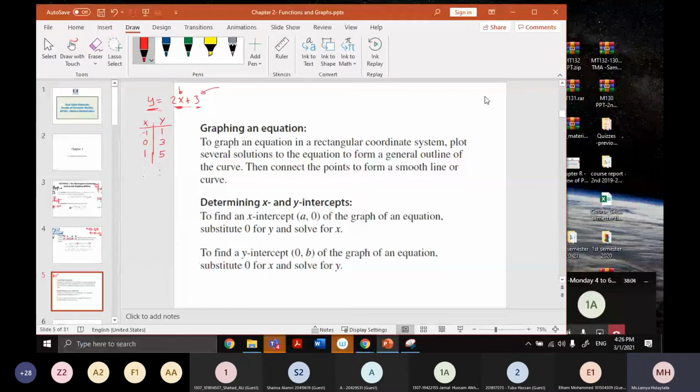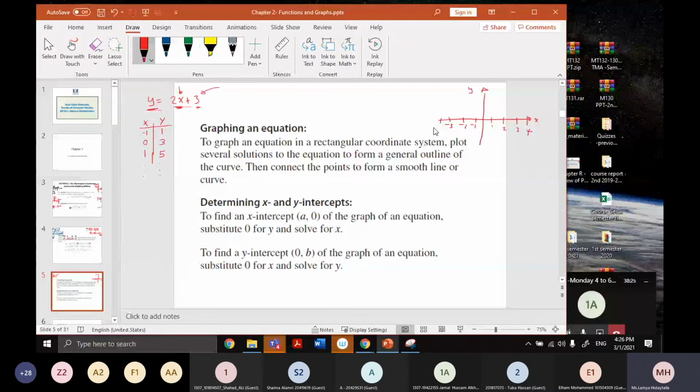How do we graph? We draw our x axis and y axis, correct? This is our x axis and this is our y axis, and we use a scale, for example 1 and 2 and then 3 and 4 and so on, and also here -1, -2, -3.